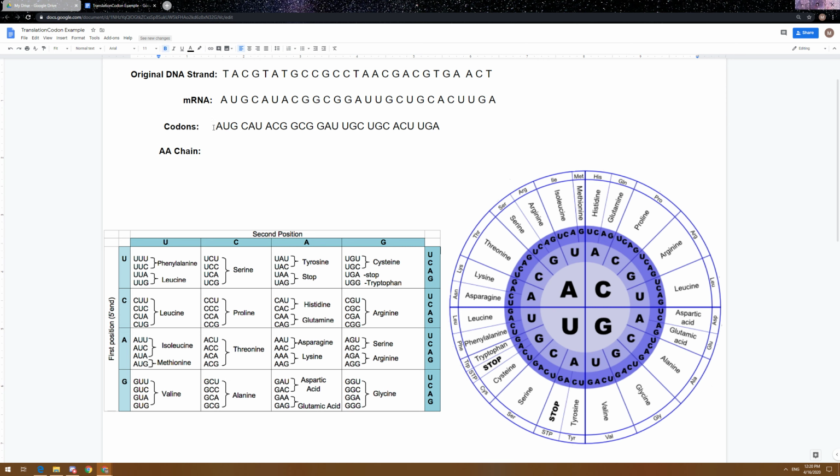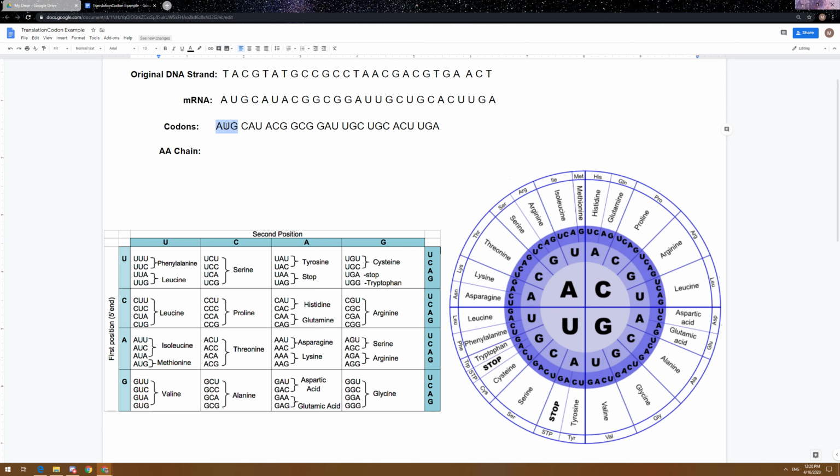Okay, so I'm going to use the chart here first to show you how that one works. So we take AUG and we look at our chart. It says on this side of the chart, first position. Don't worry about 5' end right now, but just the first position, which is the first one in our line, is A. So we go here, so we're in this row.